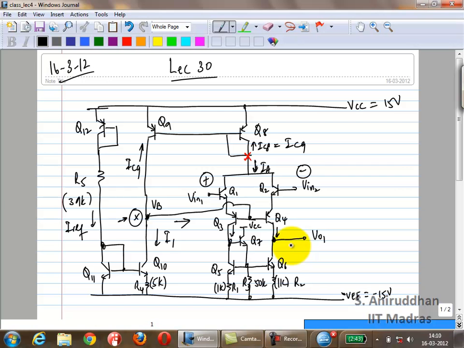But what is the resistor drop actually? You can find out: 9.5 microamps times 1 kilo ohm. How much is that? So, a few millivolts. It's not that significant compared to VBE. Apart from that, you have VBE5 and VBE7, right? So it's approximately 2 VBEs above VEE. Is that right?